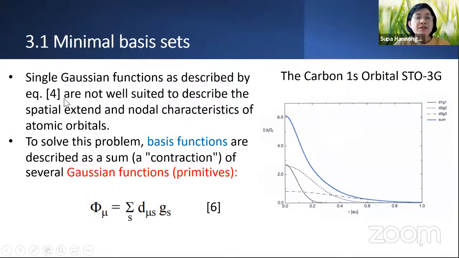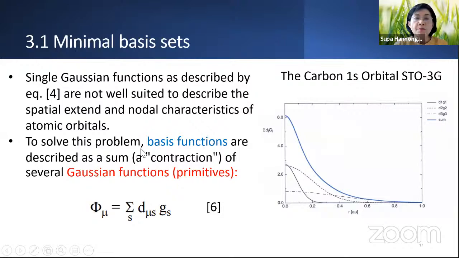As I mentioned earlier, GTOs are not well suited to describe the spatial extent and the nodal characteristics of atomic orbitals.